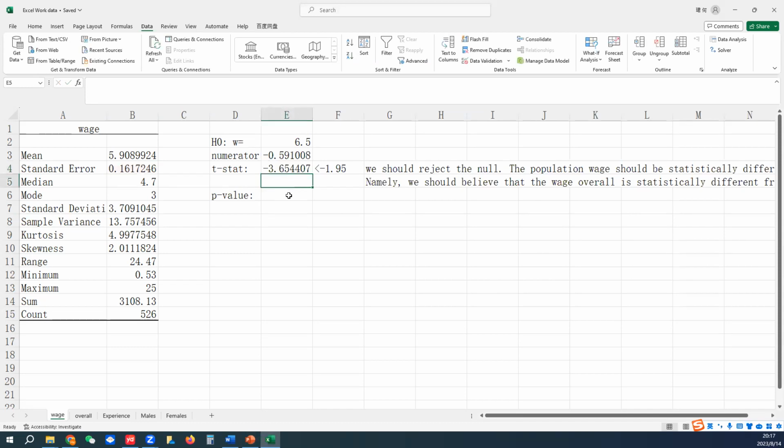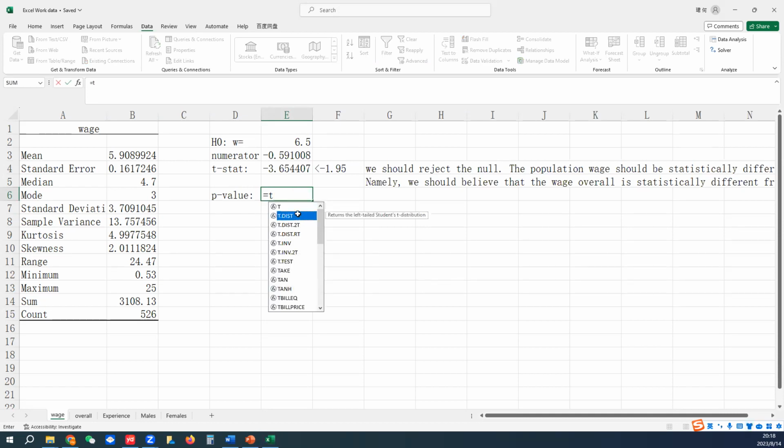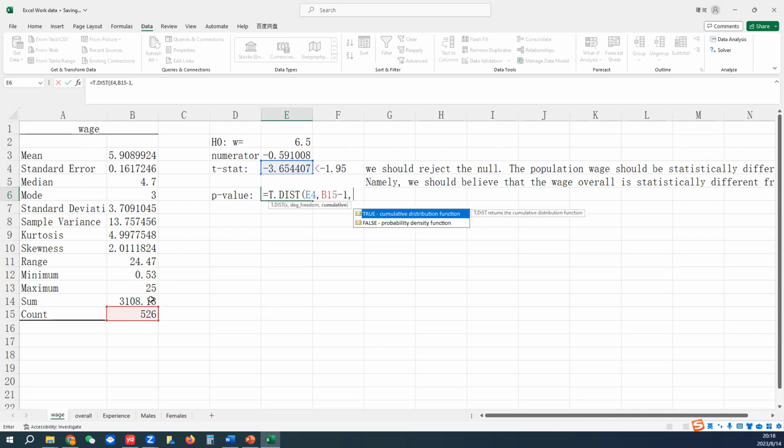So we use the t-distribution. The first argument is x, that is here, and then the degrees of freedom, that is the count minus 1 for this case, when there is only one t-stat to look at. And then it is 2 tails.